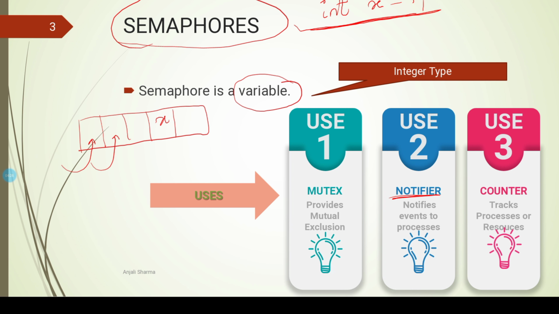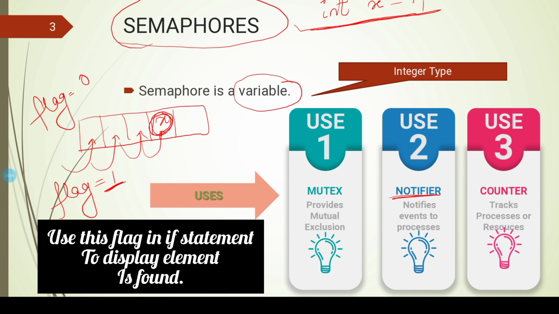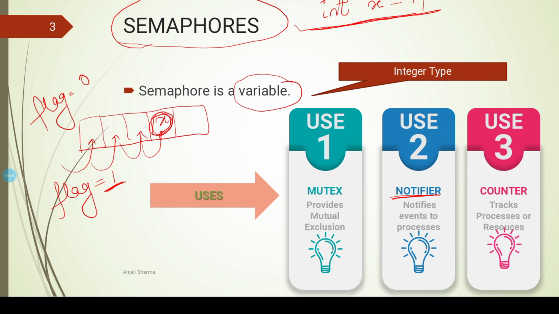As soon as you find x, you change the value of flag to 1, and before that you had initialized flag as 0. By changing the value of flag to 1, you are notifying in your program that yes, we found the value. Similarly, we can use the semaphore variable as a notifier.